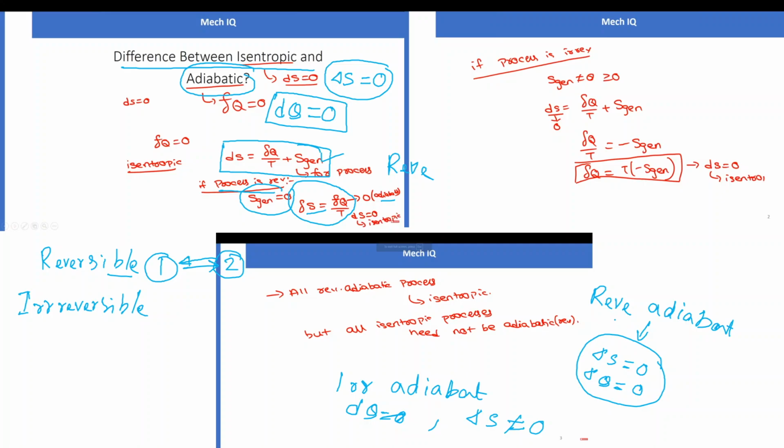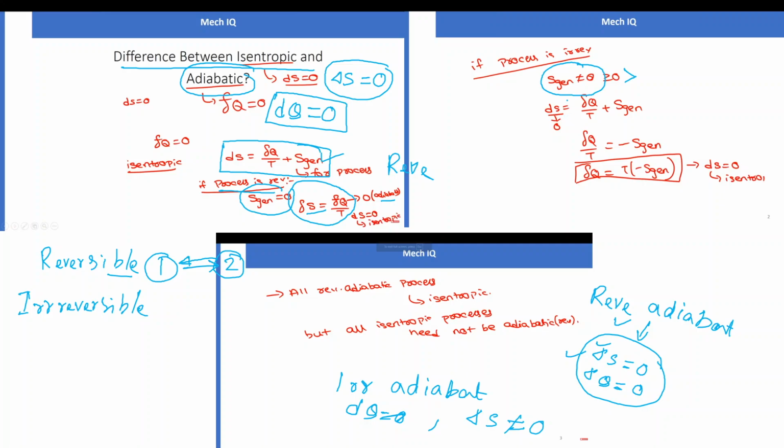So for a reversible adiabatic process, ds and dq both are 0. But for the irreversible case, the entropy generation is not 0. It is obviously greater than 0.